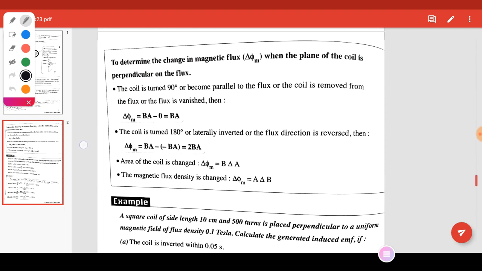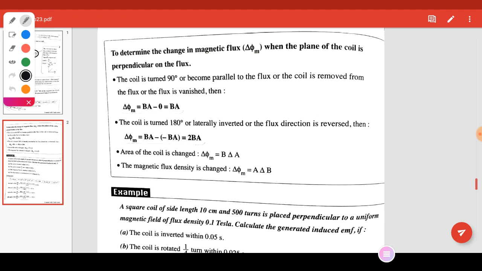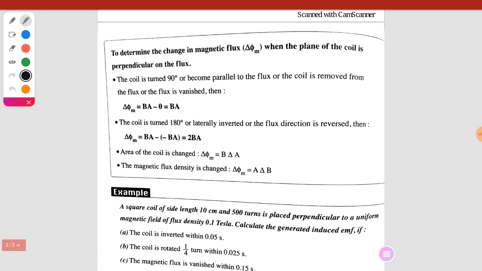Another example, to determine the change in magnetic flux when the plane of the coil is perpendicular. The coil is turned by 90 degrees and it becomes parallel.